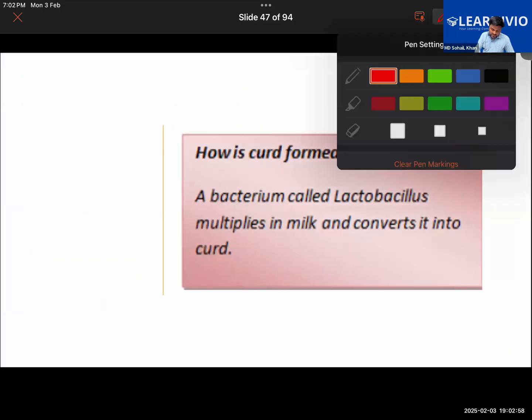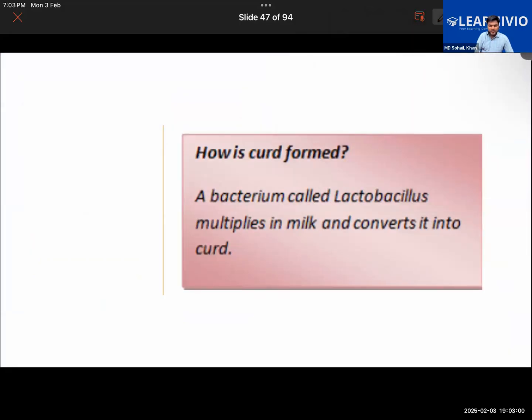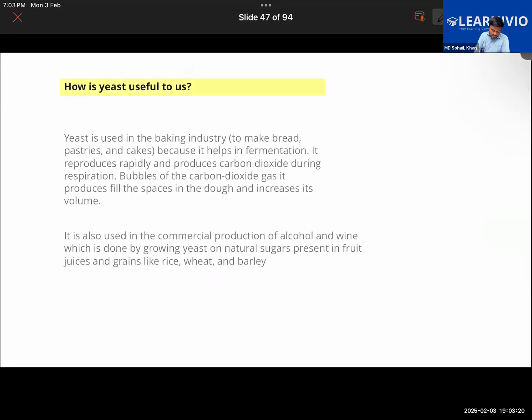Further, we have discussed the uses of microorganisms also. We have bacteria like lactobacillus that can be used for preparation of curd, and that happens in the process of fermentation. Fermentation is a process where complex biochemicals are converted into simpler molecules, simpler substances basically. Talking about yeast, it is used in the baking industry to prepare bread, pastries, and cakes.